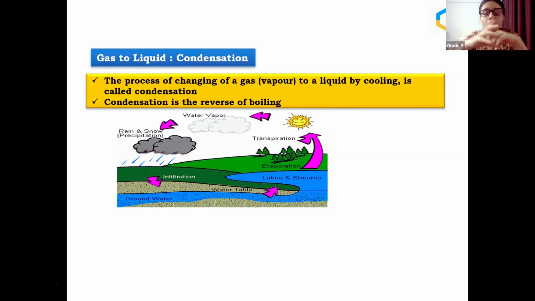There is one importance of transpiration. Can anybody tell me what is the importance of transpiration for our ecosystem? As we know now that transpiration is equal to evaporation only. So what does transpiration do in this water cycle? Anybody? You can think of it.